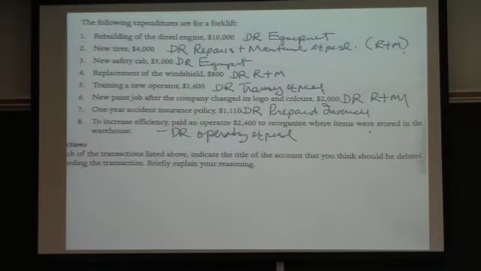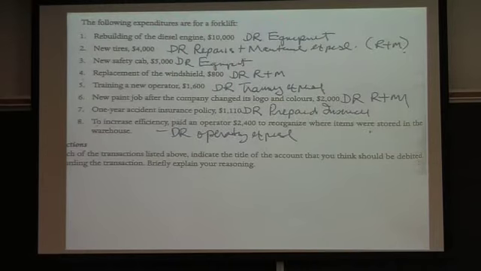So the key takeaway to me is you only record these expenditures as an asset item if the cost of the expenditure either improves the usefulness of the asset or makes the asset more productive. It is what we call a betterment.